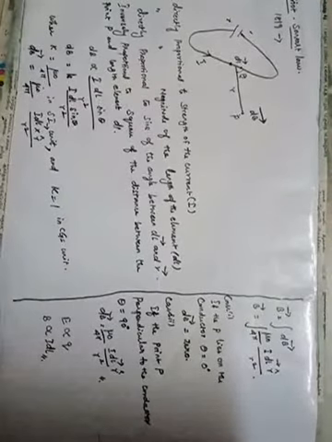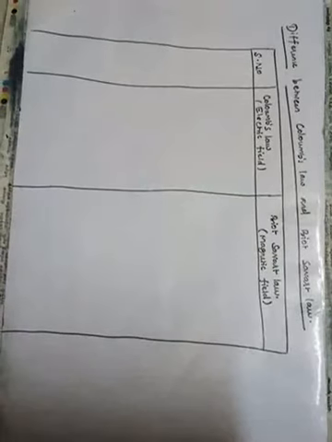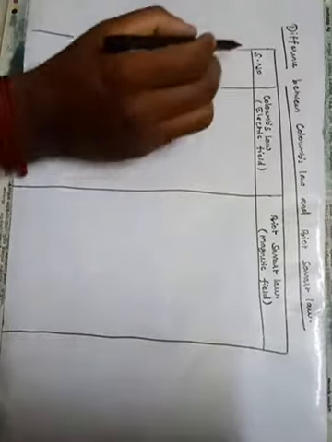Next we are going to discuss the differences between Coulomb's law and the Biot Savart law. Students, now I am going to explain the differences between the electric field and the magnetic field, or Coulomb's law and the Biot Savart law. Coulomb's law gives the electric field due to charge.